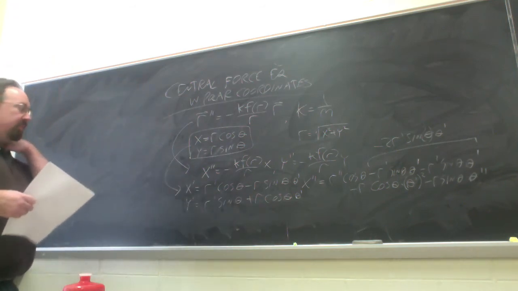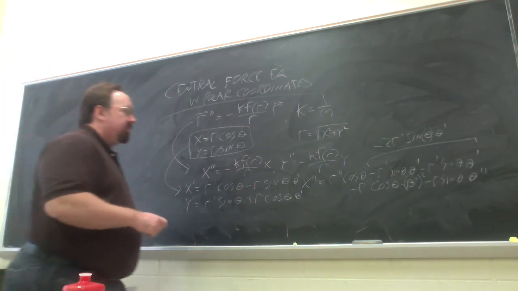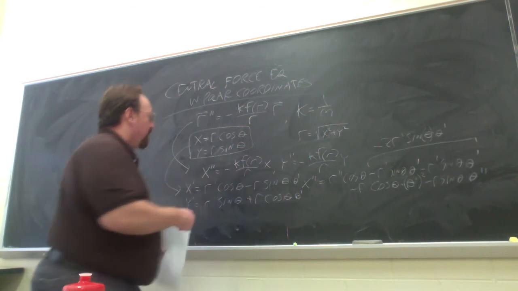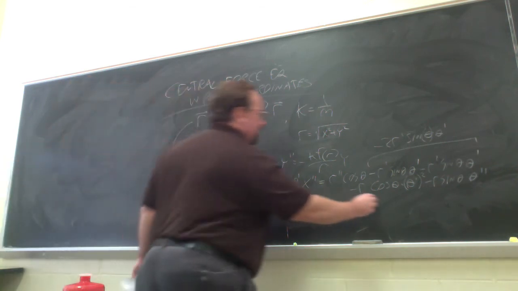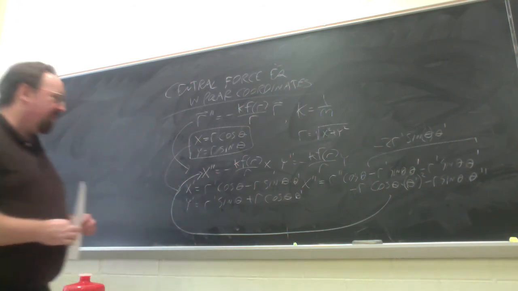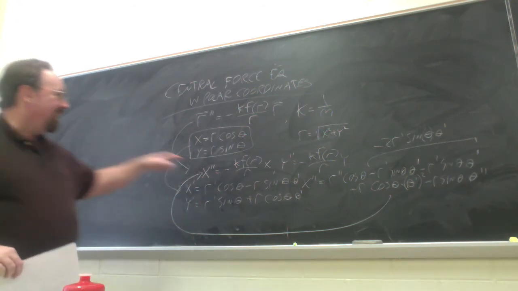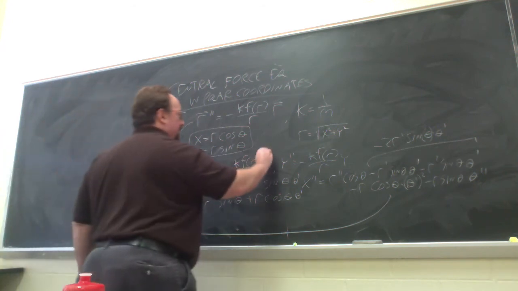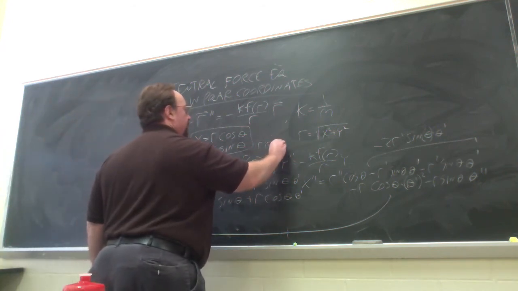Okay. So what you can do is take your expressions for x double prime and y double prime, and I would take this and substitute it back into here. And I'd also replace x by r cosine theta.